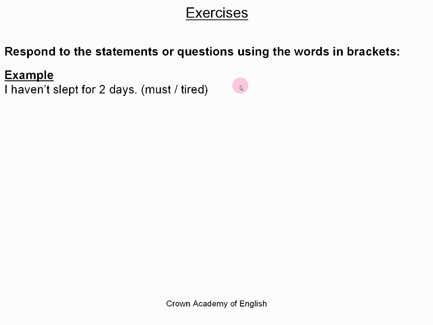So the answer to the example would be, you must be tired. Okay? We are certain. Somebody who hasn't slept for 2 days, we can be certain that they are tired. So we say, you must be tired.